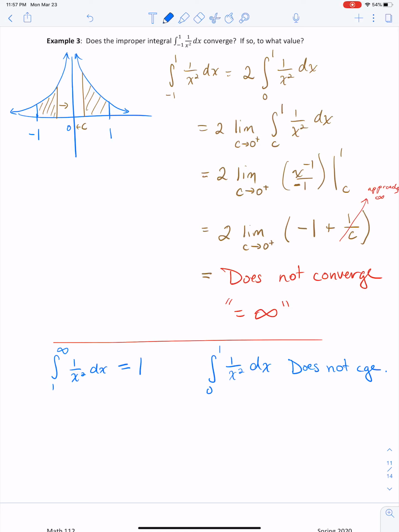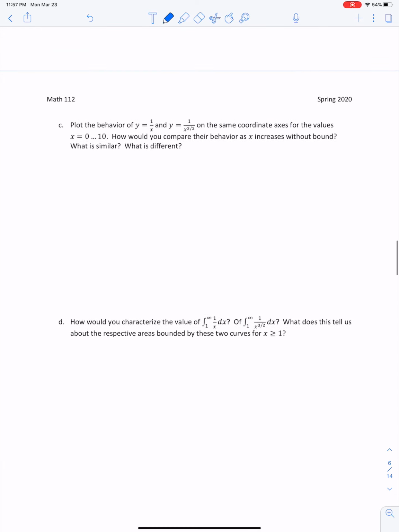We also saw that the integral of 1 over x to the 1.5 dx from 1 to infinity converges, and I believe that was equal to 2, if I'm remembering correctly.